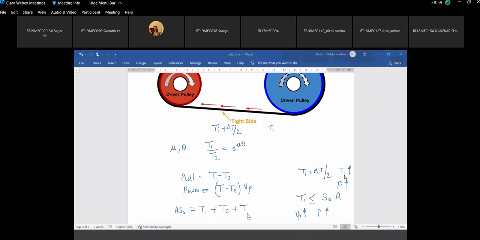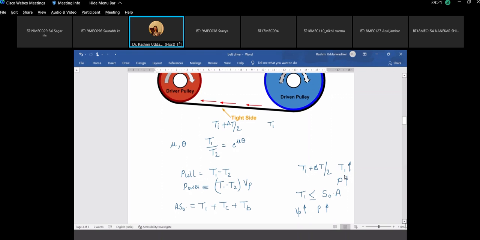The third tension is the tension due to bending. Bending tension. The belt has to bend over this pulley. Smaller the diameter of the pulley, more severe is the bend. Larger the diameter of the pulley, it is less severe. So there is a bending tension also, and this bending tension is because of the wrapping of the belt.